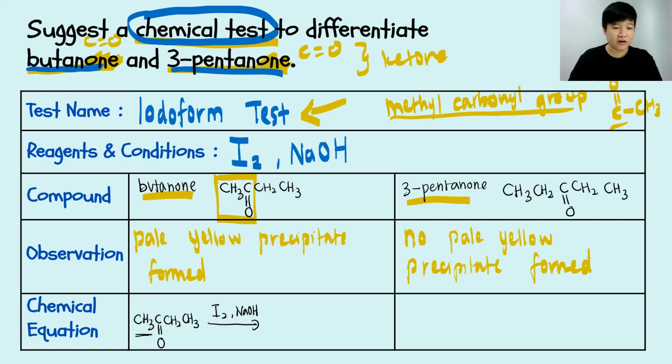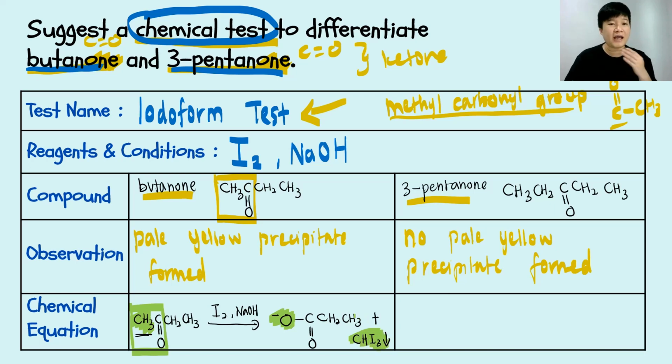The CH3 of your methyl carbonyl will be removed, replaced by an O minus, C double bond O remains unchanged, CH2, CH3 remain unchanged, forming a byproduct CHI3 precipitate. So bear that in mind, we only focus on this methyl carbonyl group, and this methyl group will be removed, replaced by O minus, forming a byproduct CHI3 in your iodoform test towards butanone.